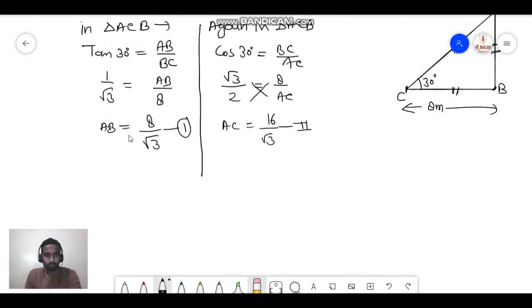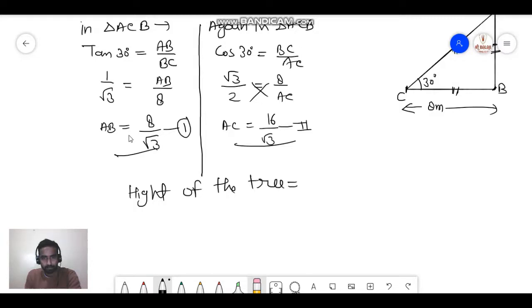Now we will add both AB and AC to find the height of the tree. So height of the tree will be equal to AB plus AC. Since AB is equal to 8 by root 3 and AC is equal to 16 by root 3, this will be 16 plus 8, 24 by root 3.